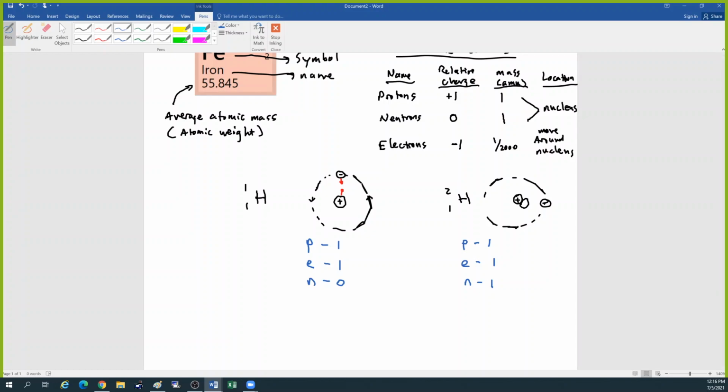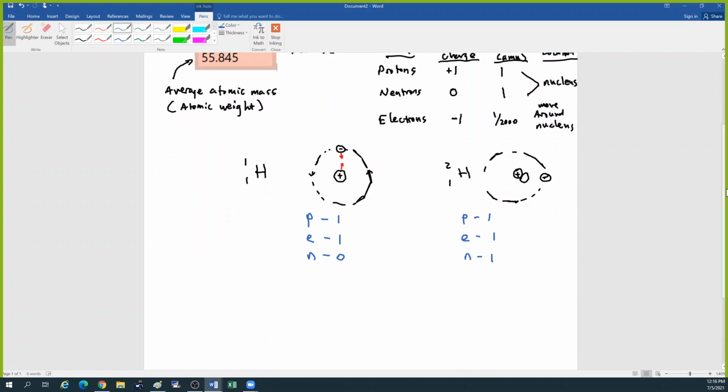They just have a physical difference in their mass because of the different number of neutrons. Do you know what atoms that are related this way are called? There's a name for this property. And if you don't, that's okay. These are called isotopes.